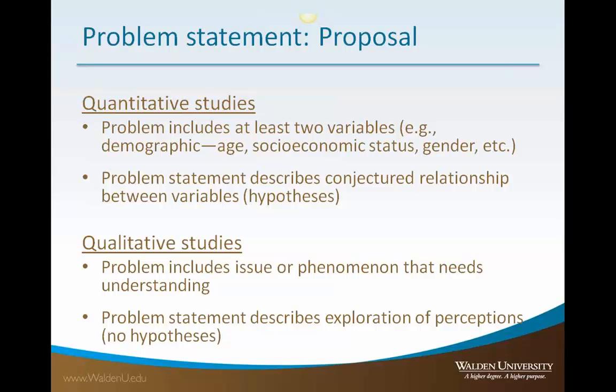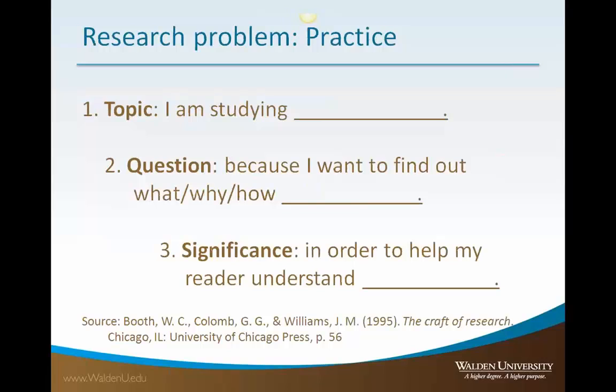Sorry, here we go. Okay, so I mentioned that we would look at a model. This is a model that comes from a book called The Craft of Research, and you see the source at the bottom of the slide. I know you have a lot of books to read, but if you get your hands on this one and even skim it, it gets into great detail about why research is important and some steps you might use to go about looking into research problems versus what they call practical problems.